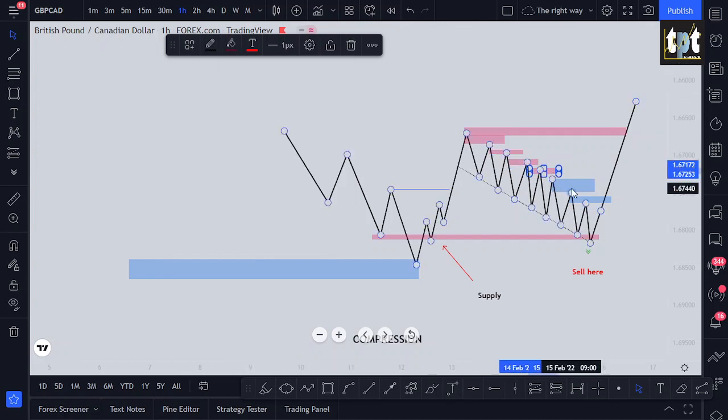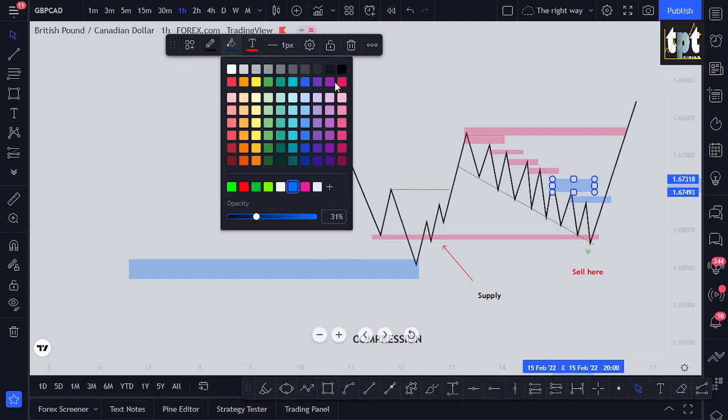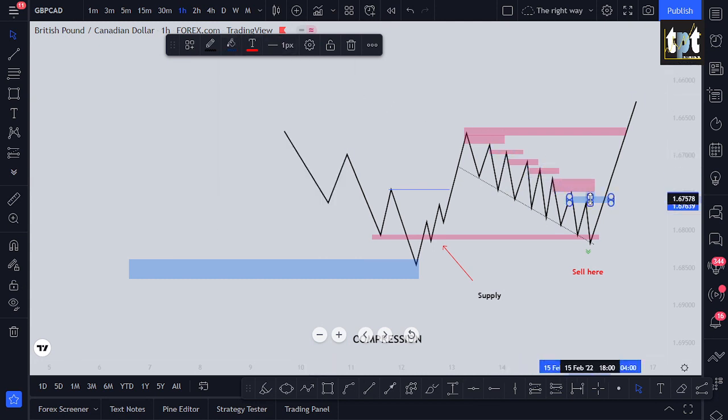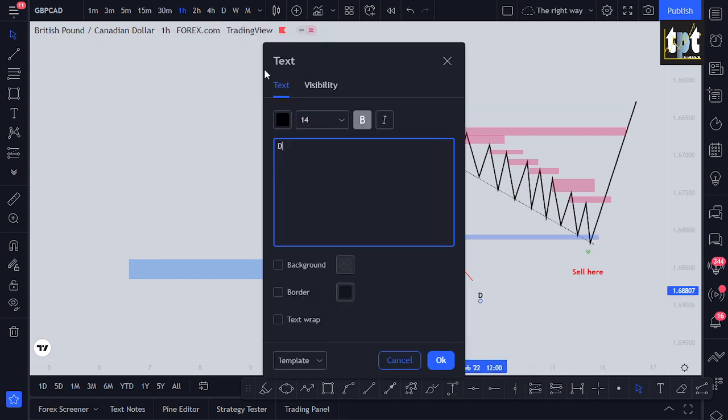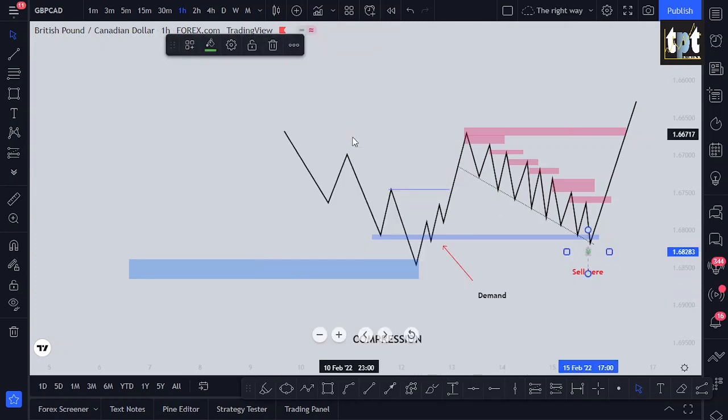Let's shift to supply, pink. So this is demand now. Demand. Then you buy here.